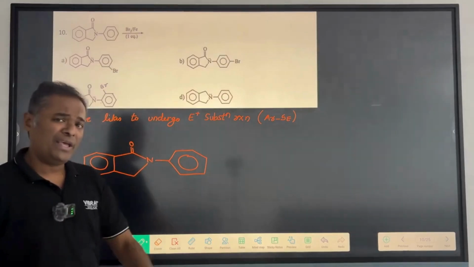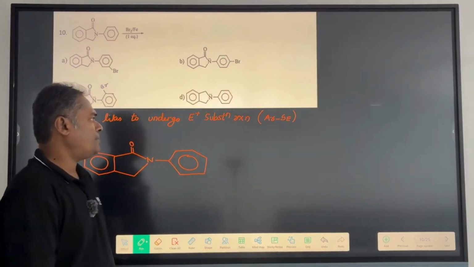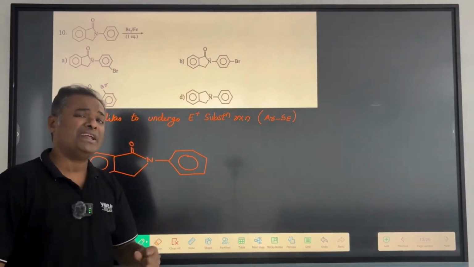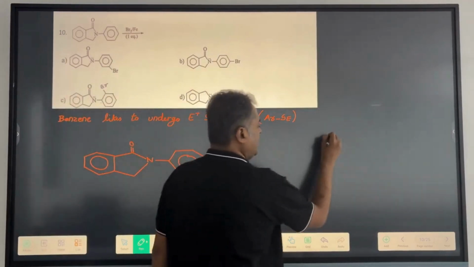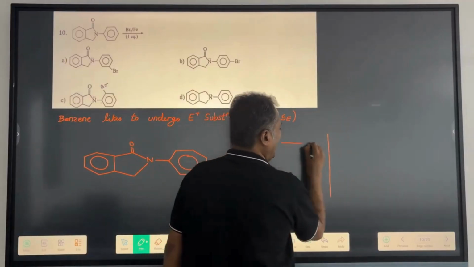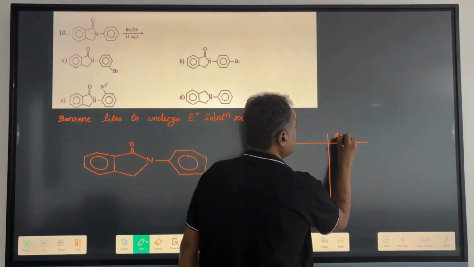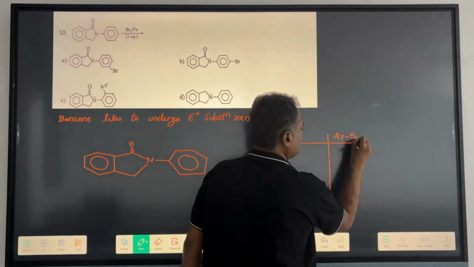Now when you talk about ArSE reaction, child, you would be knowing one thing very clearly, that which groups are there which enhance the electrophilic substitution reaction for a benzene.